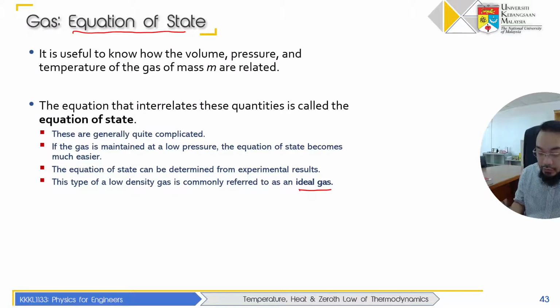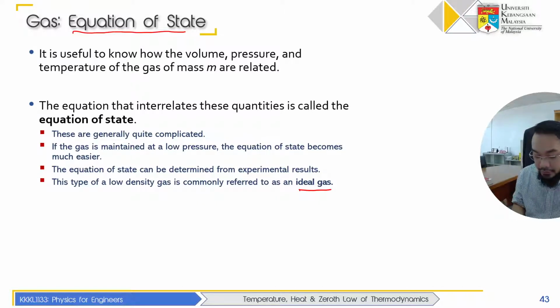Alright, so if we want an equation to describe the state of a gas, with all the properties of the gas, it's very difficult because a gas cannot be measured accurately. You would need to individually identify the energy of each individual molecule, which is impossible. But we can approximate it and model it as an ideal gas.